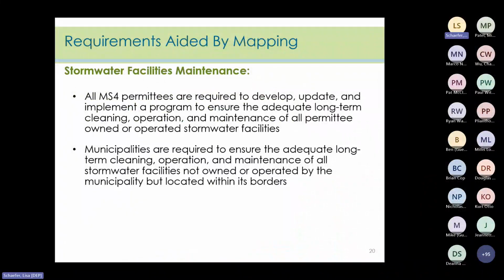So all MS4 permittees are required to develop, update, and implement a program to ensure the adequate long-term cleaning, operation, and maintenance of all permittee-owned or operated stormwater facilities. Municipalities are also required to ensure the adequate long-term cleaning, operation, and maintenance of all stormwater facilities not owned or operated by the municipality, but located within its borders.